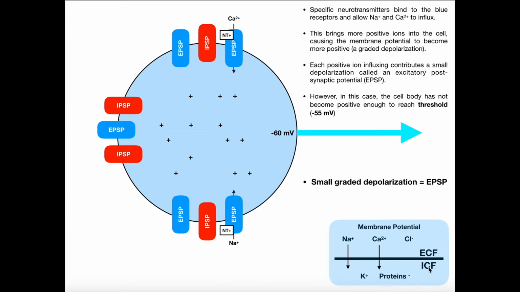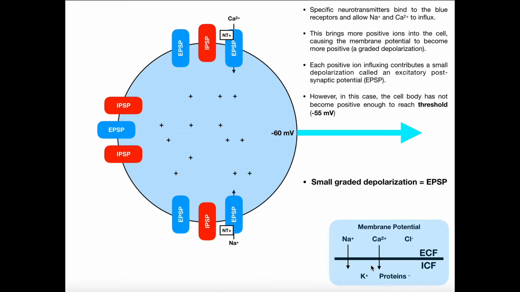Well, there's really only two options here. We could either have sodium influx, and by the way, the term influx means to move into the cell. That would certainly make the inside more positive. Our other option is for calcium to influx. And if calcium moves in, that would also make the inside of the cell more positive, because in both cases you're moving positive charges into the cell.